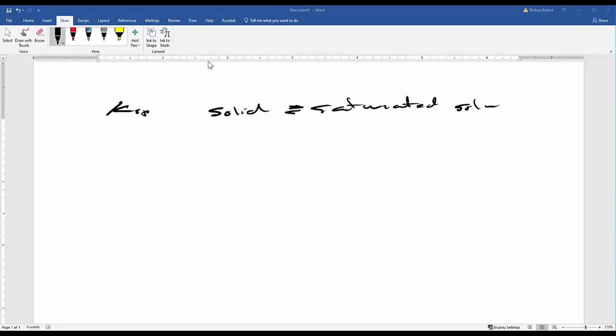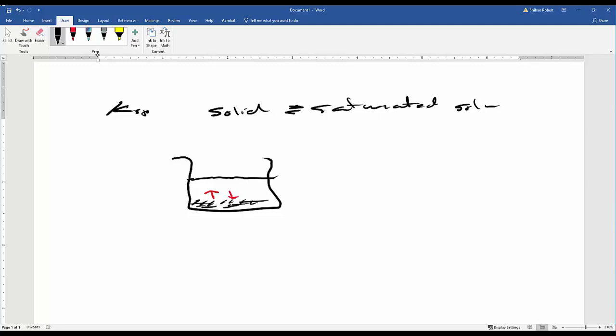But anyway, this is the solid to saturated solution equilibrium. If we have a beaker and I put in some solid, this is the equilibrium that describes the dissolution, that is the dissolving of the solid, and the precipitation.